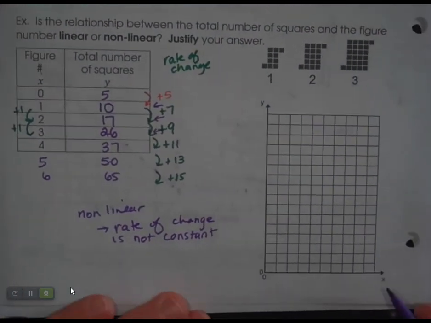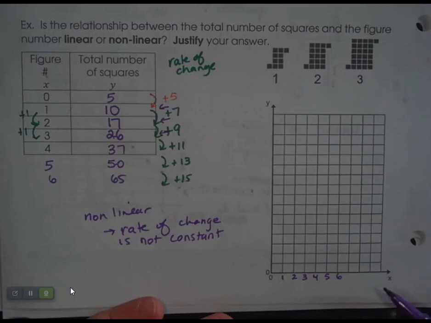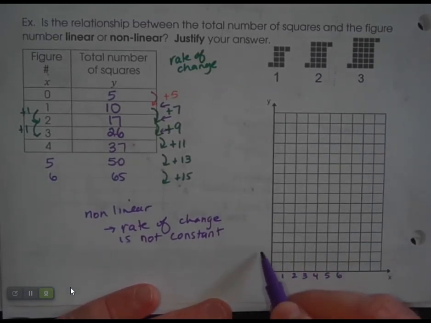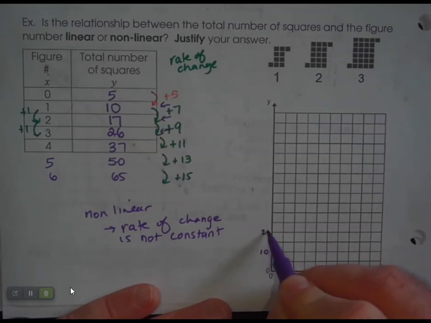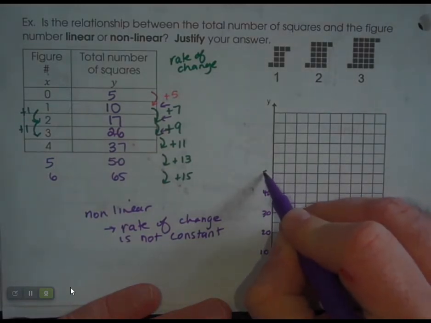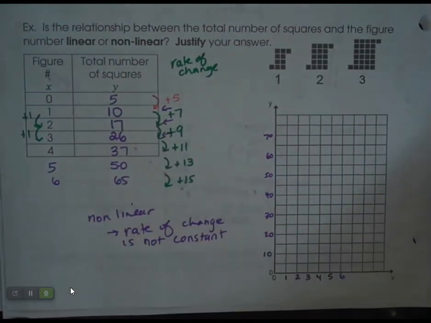And I can show that on my graph. All right, I'm going to go up by 1, 2, 3, 4, 5, 6. I don't know, maybe we go up by tens. 10, 20, 30, 40, 50, 60, 70.